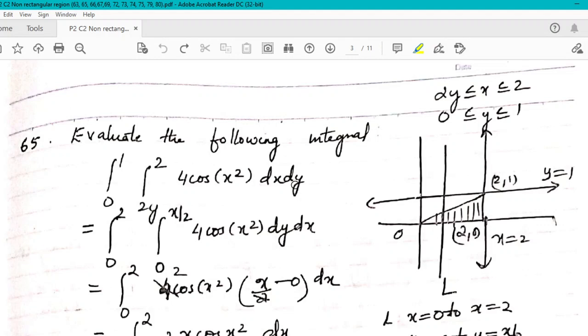We already know that when we are having a double integral, we can directly integrate it. If we are having a double integral of this form, first you have to integrate with respect to x, then with respect to y.